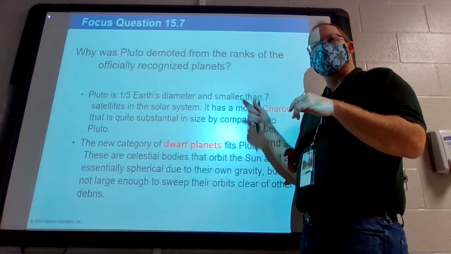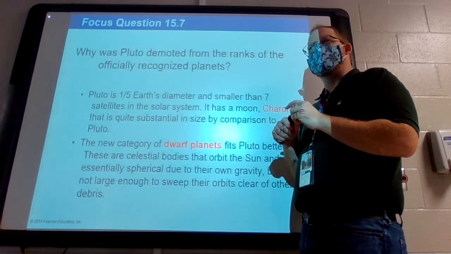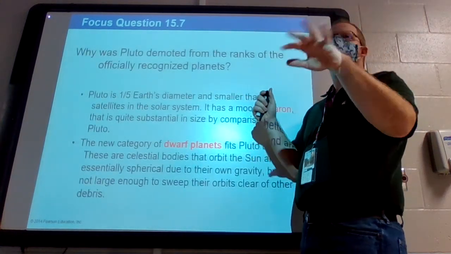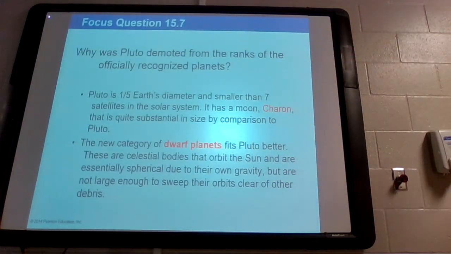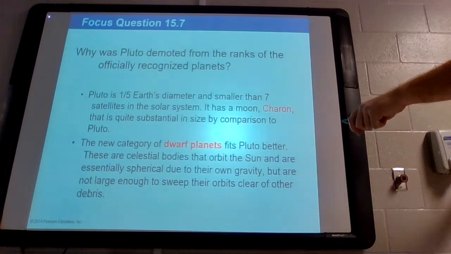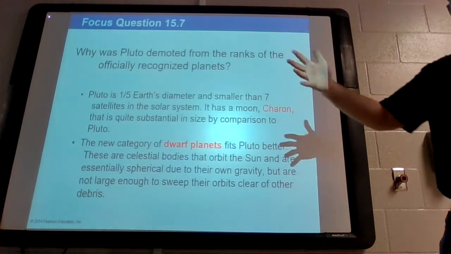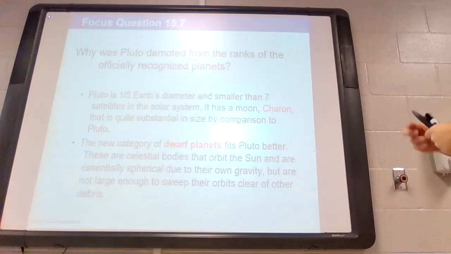And to be fair, the things that they use to exclude Pluto have never been applied to any other planet. Doesn't mean they're wrong. That is just maybe one of the reasons people are fighting back against it so much, because they're like, this is why Pluto's not a thing. And everybody's like, this has never been a thing before. Why are you using this category to exclude Pluto? So we'll get to that at the end.